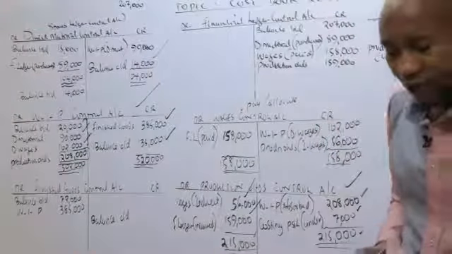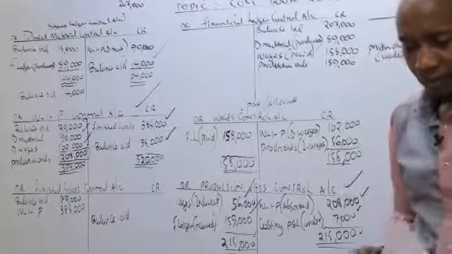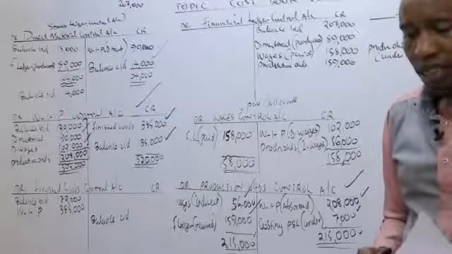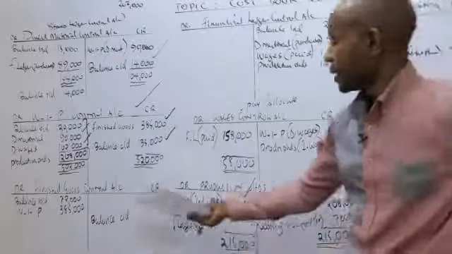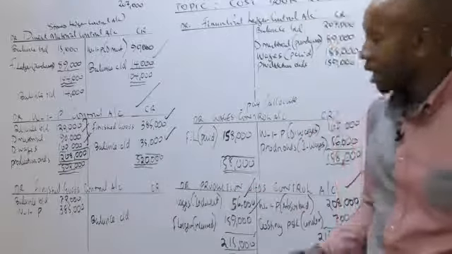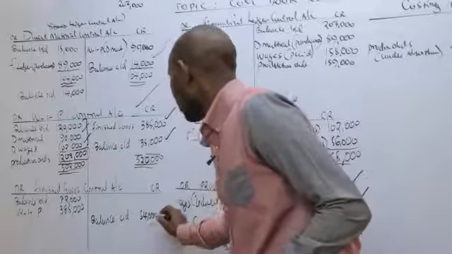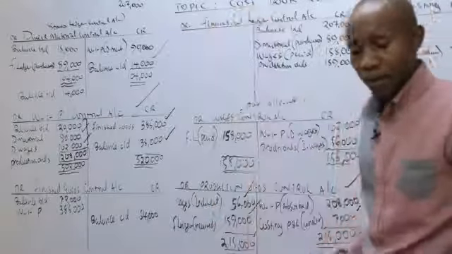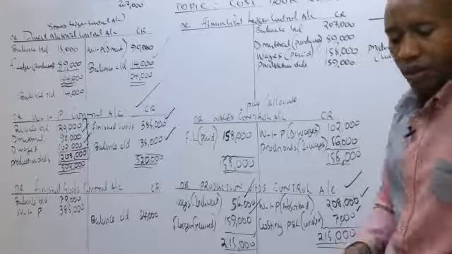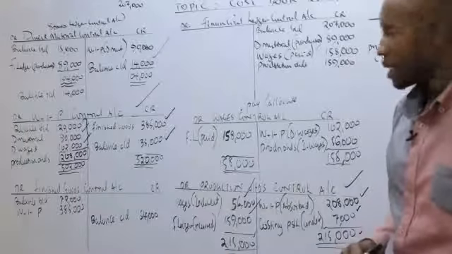Somebody read for us and type there. What is the balance carried down in the finished goods control account? 54. So this is 54,000. So then what is the cost of goods sold? The balancing figure.